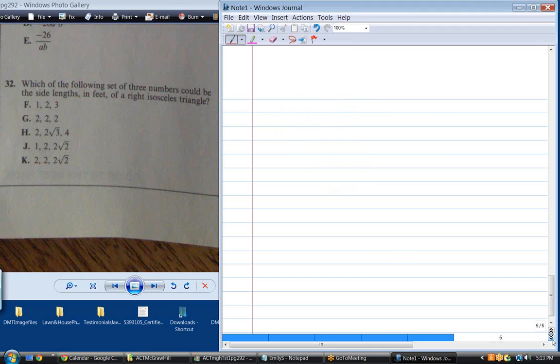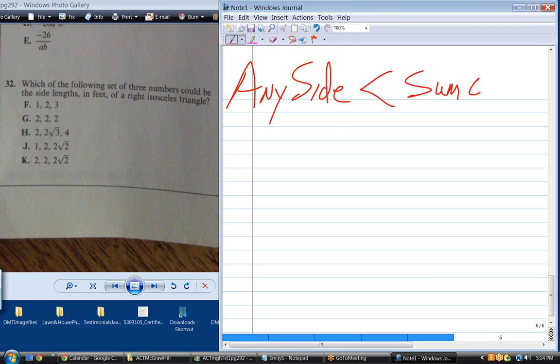Now, there's another principle in triangles regarding what sides can be. Can I have a triangle whose sides are 1, 2, and 5? I suppose it'd just be a mean triangle. No. A lean. There's a rule for triangles. Any side has to be less than the sum of the other 2.